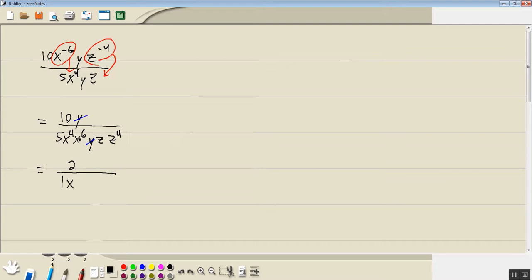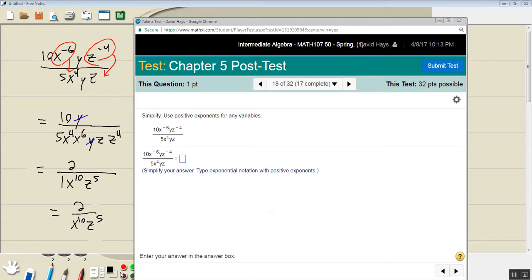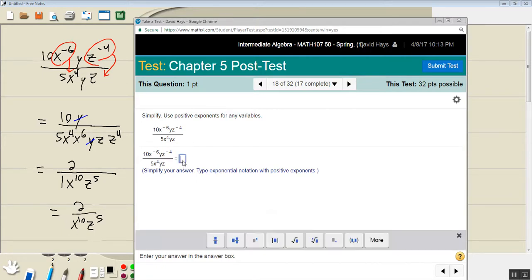Now if you've got x to a power times x to a power, you add the exponents. 4 plus 6 is 10. And there's a first power here, so 1 plus 4 would give us z to the 5th. So our answer would be 2 over x to the 10th, z to the 5th. Let me just double check. Okay, that looks good.